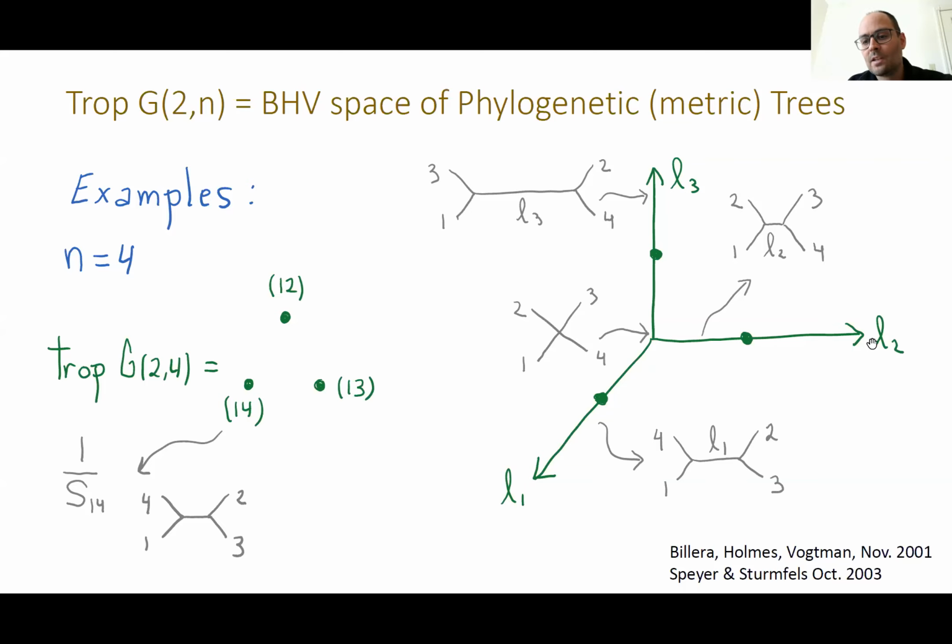In this case, it's just a collection of semi-rays joined at the origin, and each semi-ray parameterizes the length of the internal propagators in these diagrams, or the internal edges in these trees. That's why they are called metric trees. So we see that these 3 rays are connected at the point where the 3 diagrams degenerate to a quartic diagram.